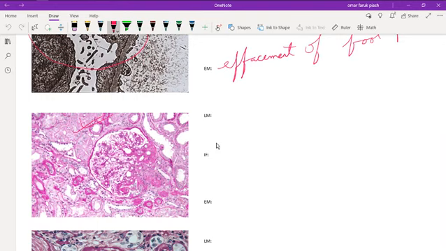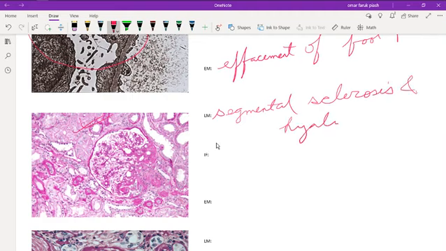On light microscopy, there is segmental sclerosis and hyalinosis, as the name focal segmental glomerulosclerosis says.